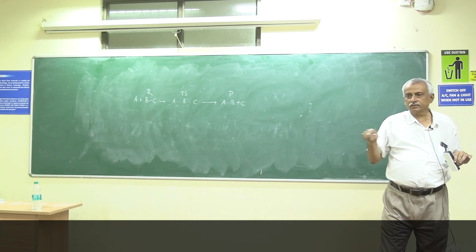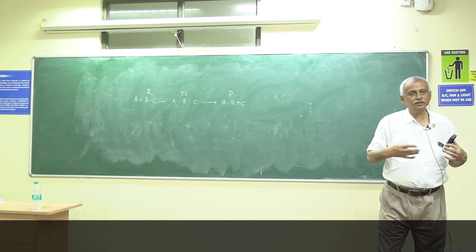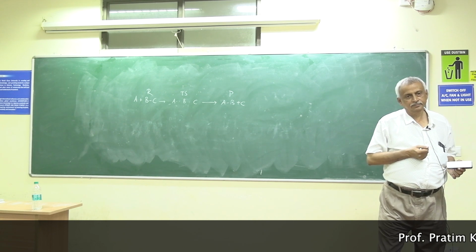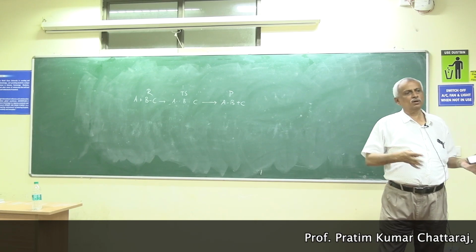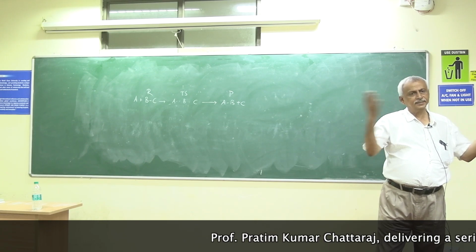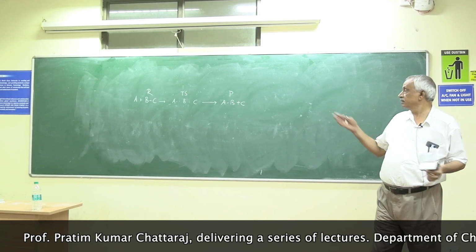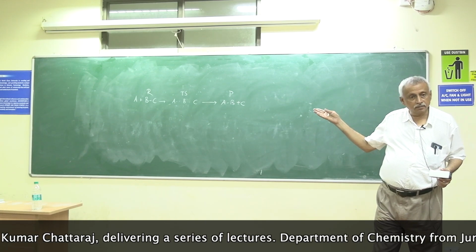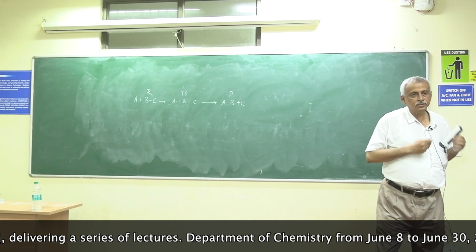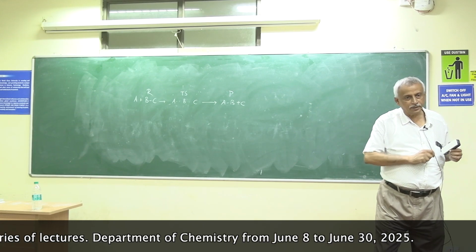When all the sets of coordinates, A, B, C, are very close by, I will call it a transition state. You may have intermediates also, or a very complicated situation. When A and B coordinates are very close and C is far off, I will call it a product.